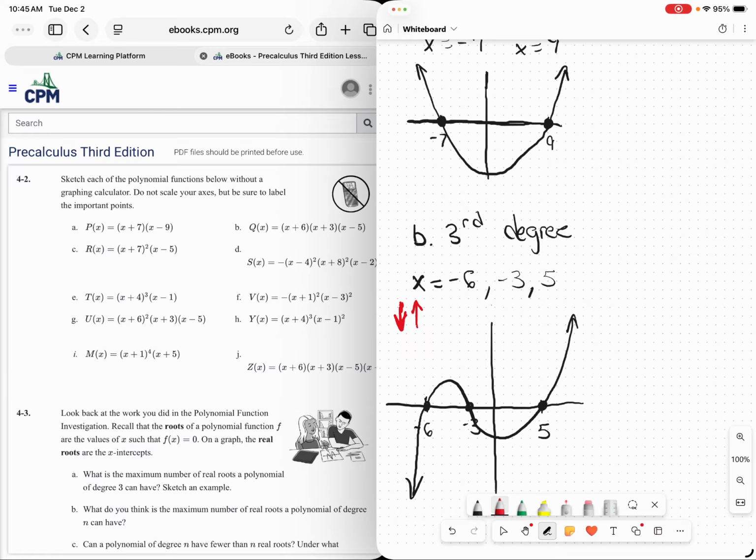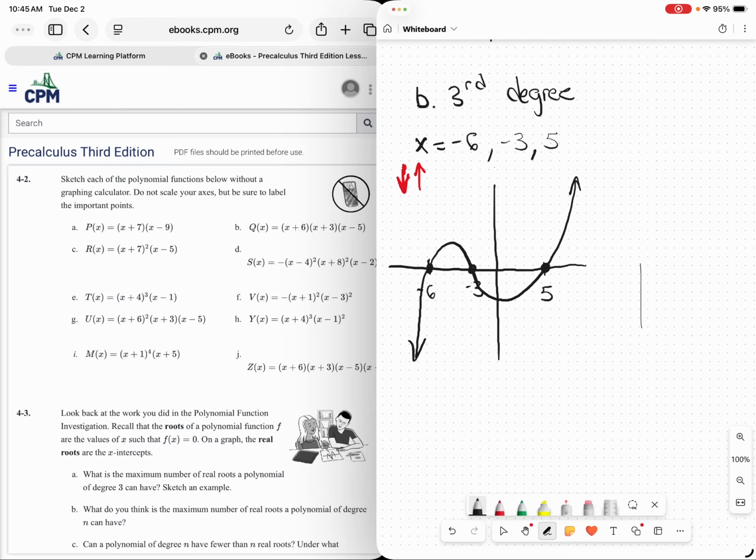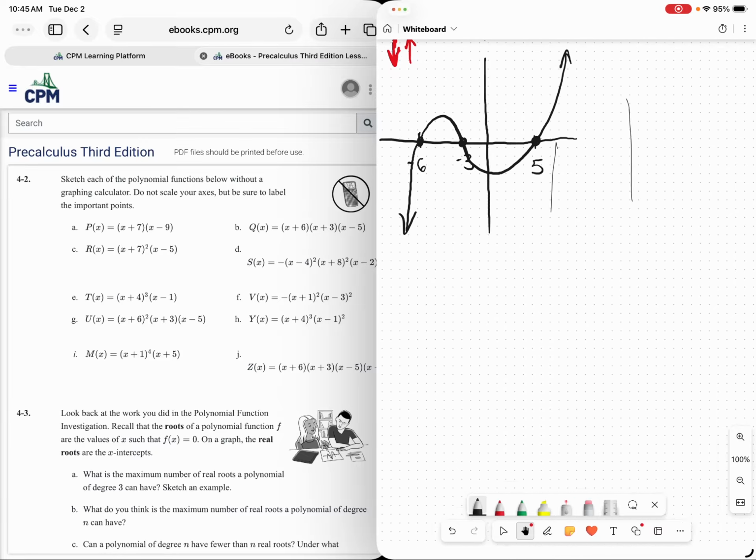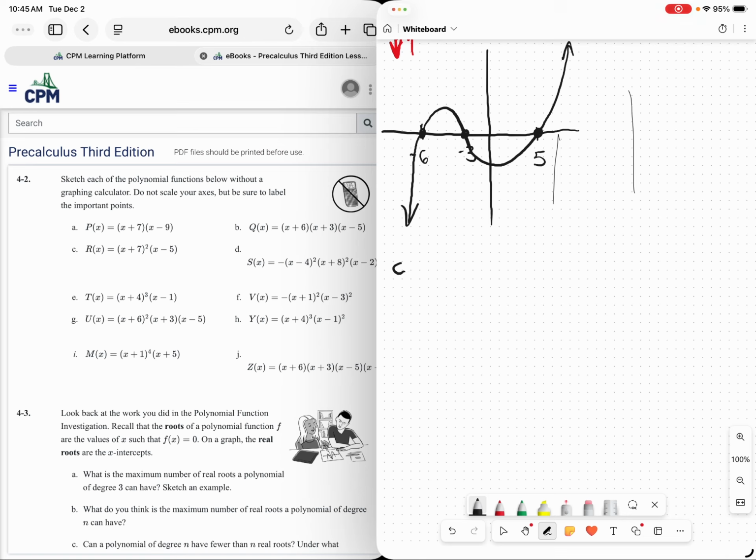So let's look at C. Okay, so we now have x plus 7 squared, so that's 2 x's, and then x minus 5.